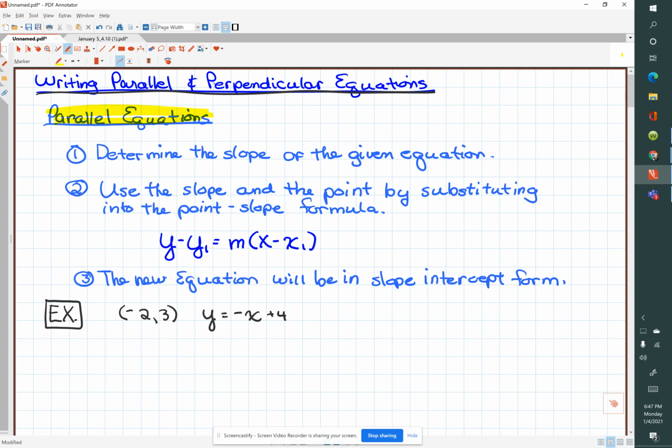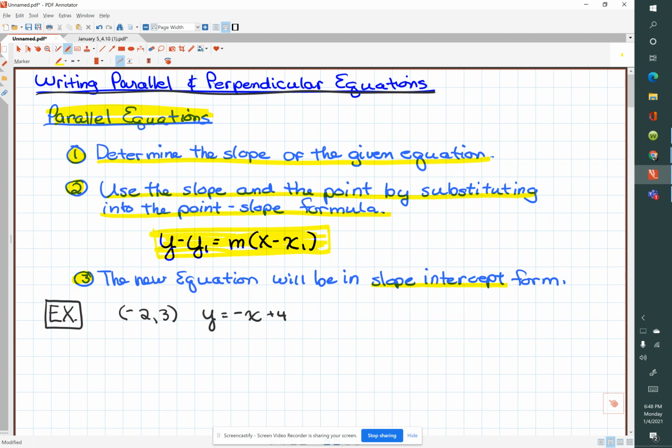So we could be given an equation and a point, and we have a methodology. Step 1 is determine the slope of the given equation. Step 2 is to use the slope and the point by substituting those into the point-slope formula. And this is the point-slope formula here for those of you that may have forgotten. And then the new equation will be in slope-intercept form.